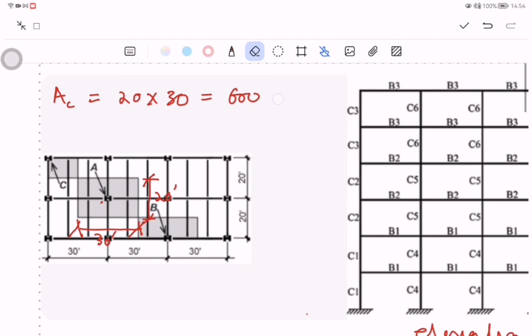Whatever lies in this catchment area will be transferred to my column, right? So if I ask you what kind of things are in this catchment area that I can translate to my column, first of all, I should know what kind of loads are applied.